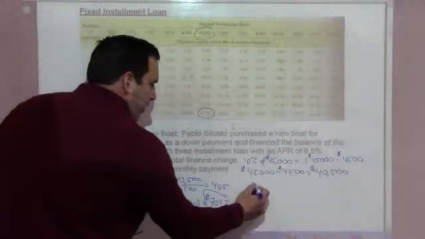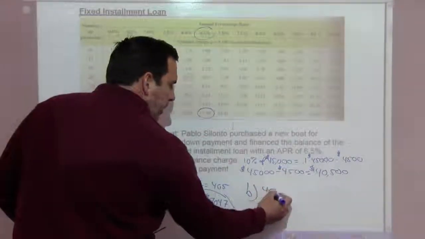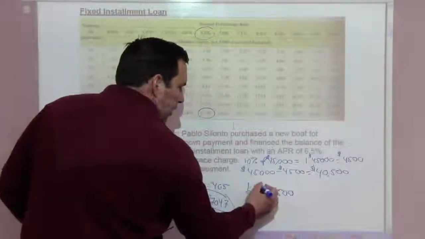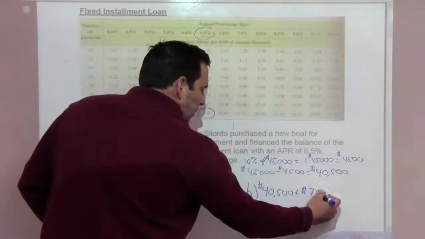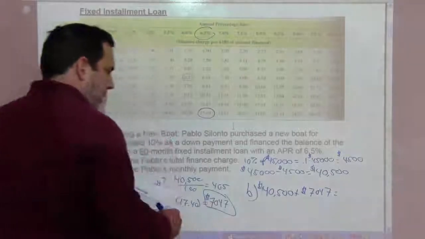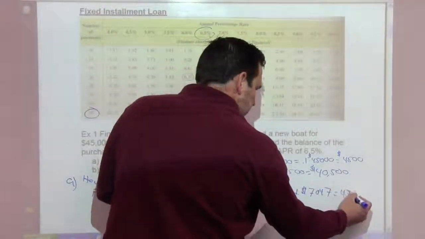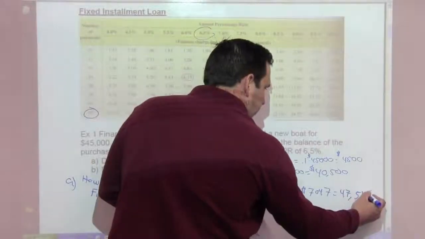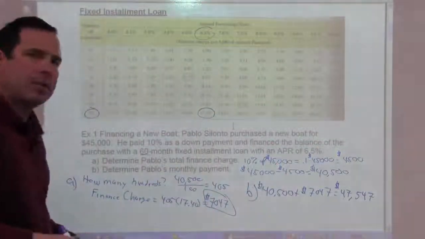Now for B, what are his payments? Well, he has to pay the $40,500 left to pay plus the $7,047. That brings us up to $47,547. That's the total he's going to pay over 60 months.